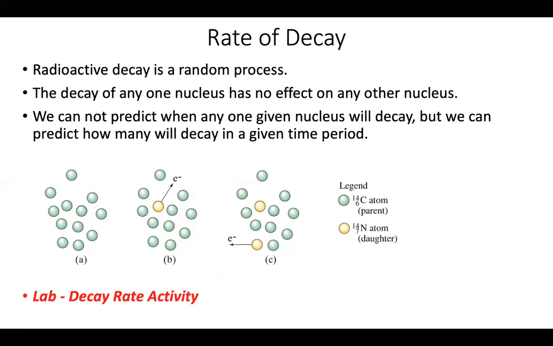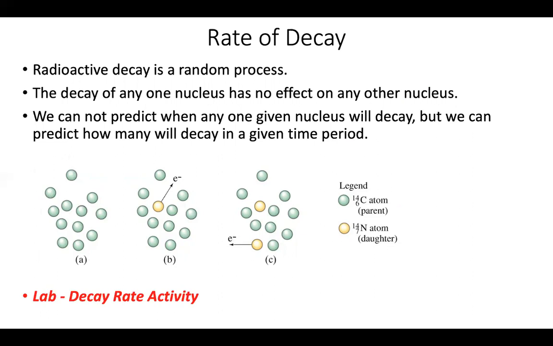But you can see a couple of things about it. It's totally random. You have this set of nuclei for whatever the radioactive material is, and then any given random nucleus will decay. The fact that one decays doesn't have any effect on any of the others. So if one decays, it doesn't mean the one right next to it is going to decay next.